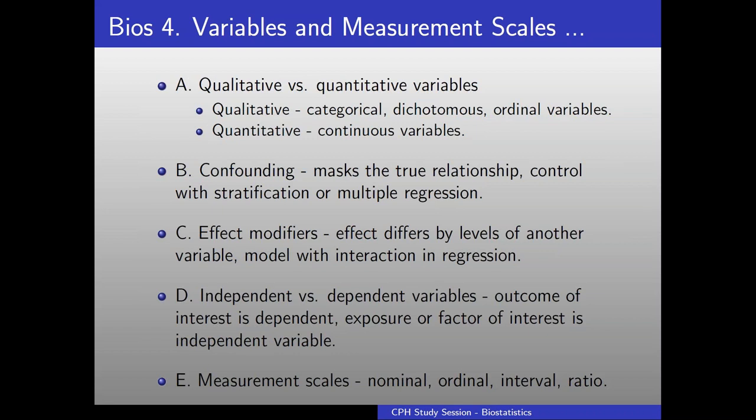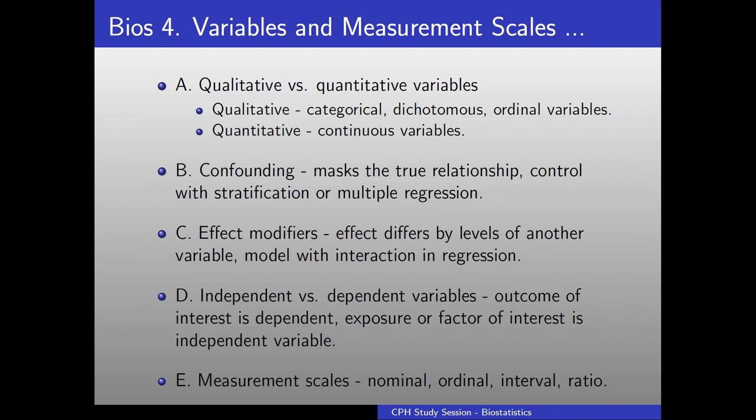As I've already mentioned, independent versus dependent variable. Okay, the dependent variable is the outcome of interest. Other terminology that you might hear synonymously with outcome is response or output. But in statistical terms, we usually call those dependent variables.